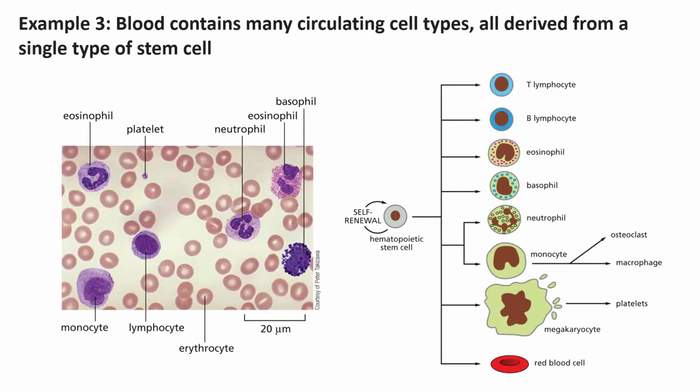The last and final example is blood, right? Blood is a connective tissue, and blood contains lots of circulating cell types. Blood itself is made up of lots of different types of cells, most of which are out there making sure you are healthy. They're fighting foreign invaders for you, on top of delivering oxygen and doing what they need to do.